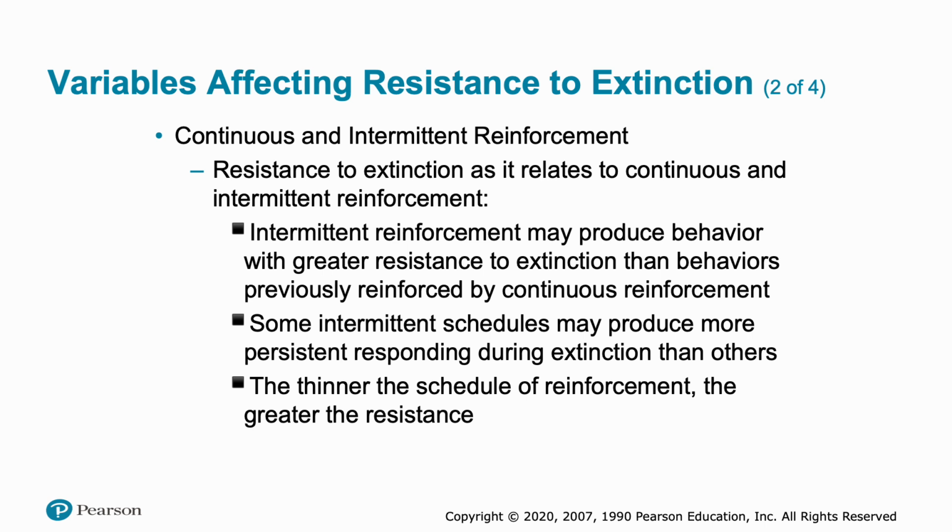Whereas if you have a behavior that's been intermittently reinforced prior to the extinction procedure, so during that baseline phase the behavior is sometimes reinforced and sometimes it's not, what's happening is you're creating an unpredictable schedule of reinforcement for the client. Because they don't know when reinforcement is coming, once you implement the treatment phase, the extinction phase, it's difficult for the client to discriminate that change in schedule.